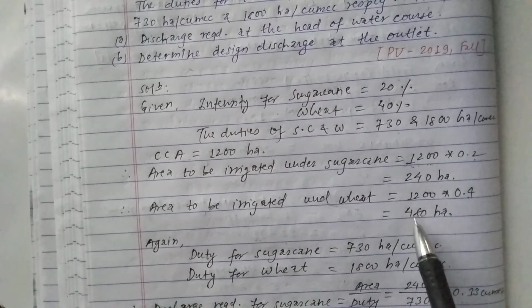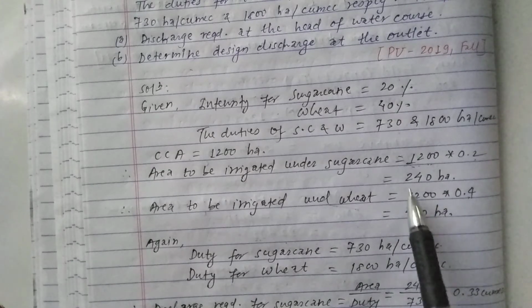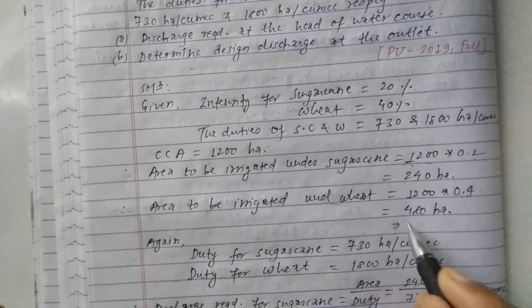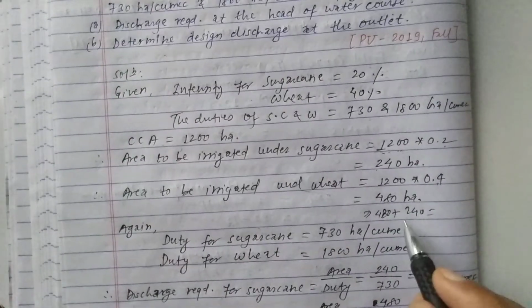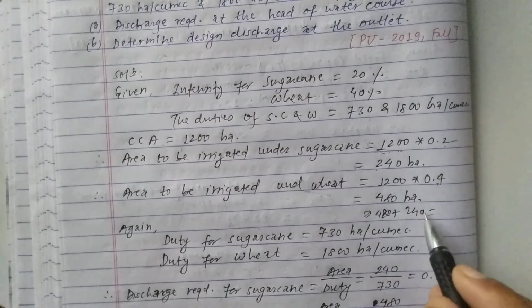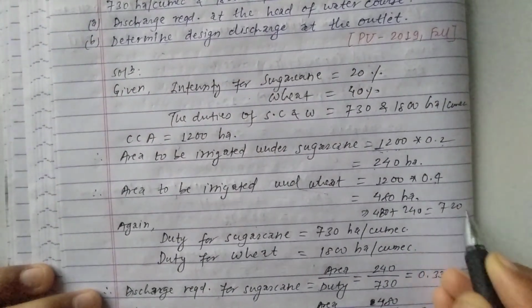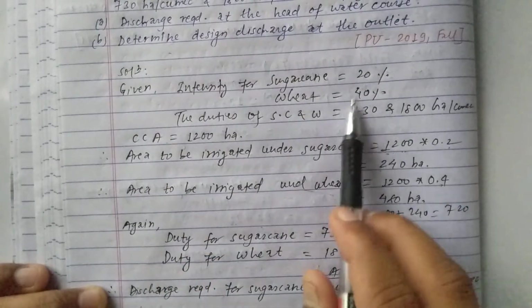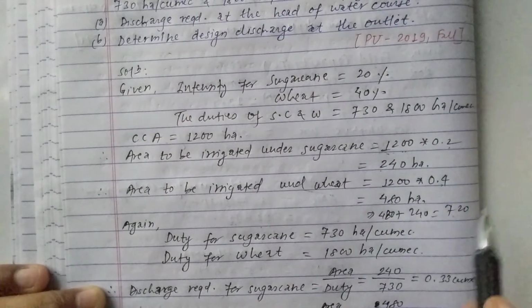So let's sum these values, 480 plus 240, and the value becomes 720. Okay, the overall area is 1200 hectare, but we only take 60%. That's why the total area after adding the sugarcane and wheat becomes 720 hectare.